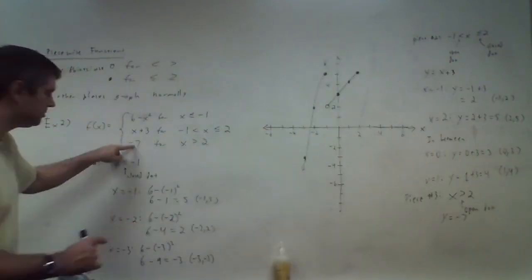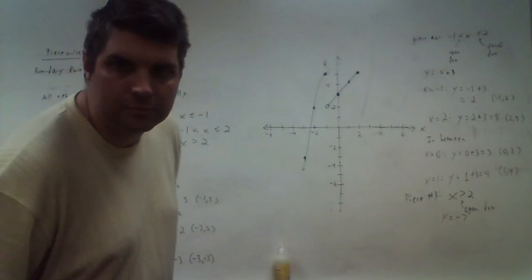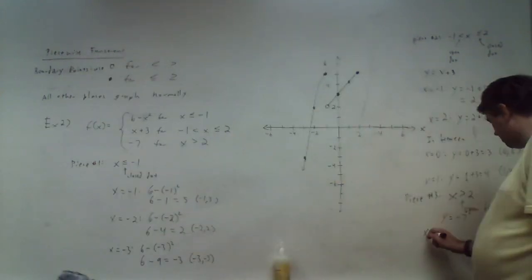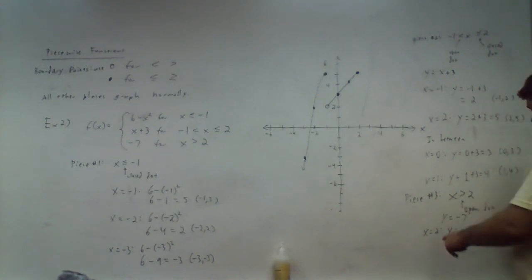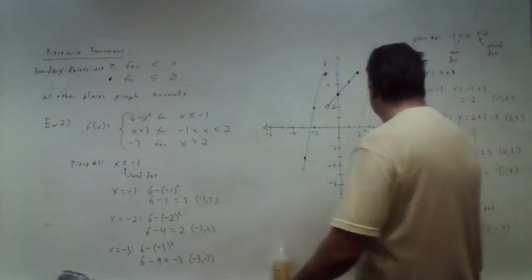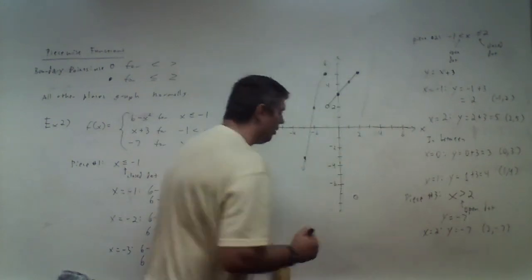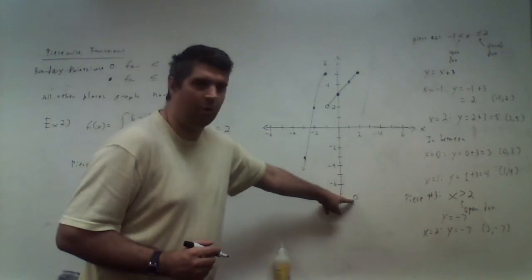Okay, y equals negative 7 for piece number 3. So when x equals 2, y equals negative 7. So we have 2, negative 7 with an open dot.